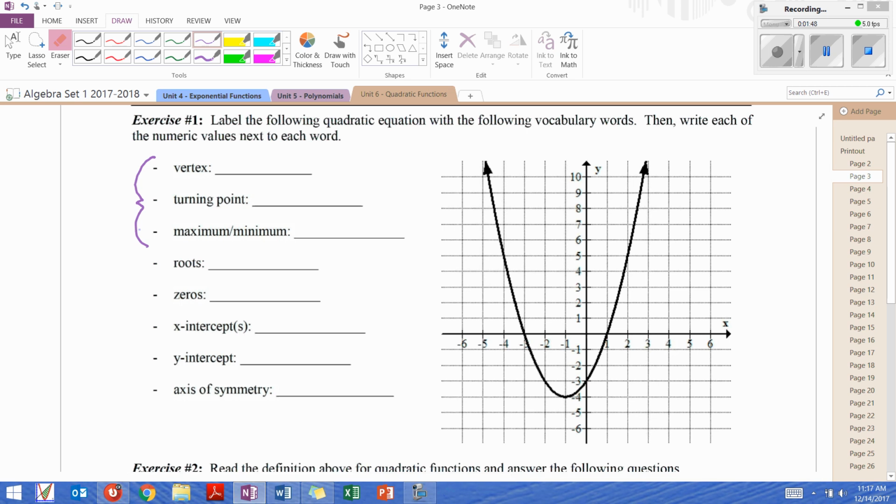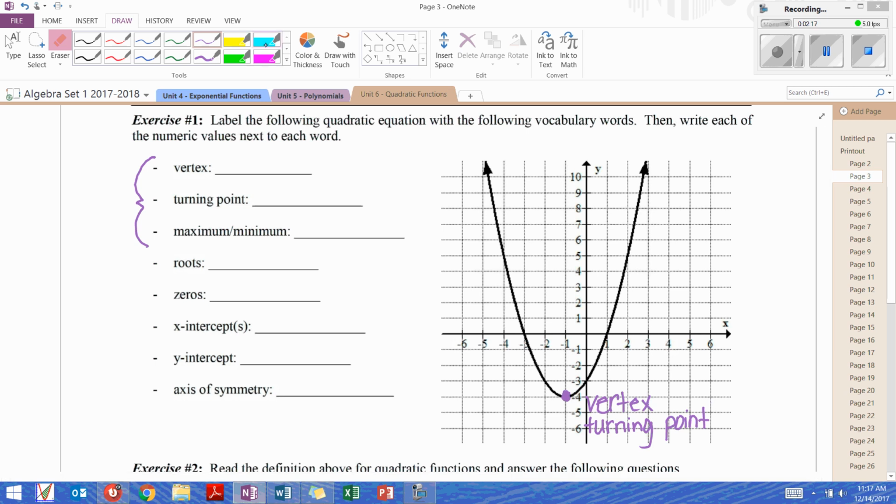So if I tell you find the vertex, you are going to find the highest or lowest point on the entire graph. That's the same thing as a turning point. So we can actually label this with vertex. This is also the turning point. And we need to decide whether this is a maximum or a minimum.